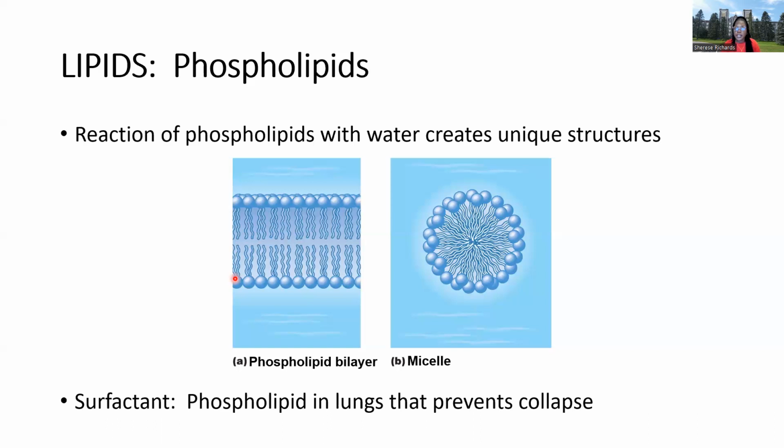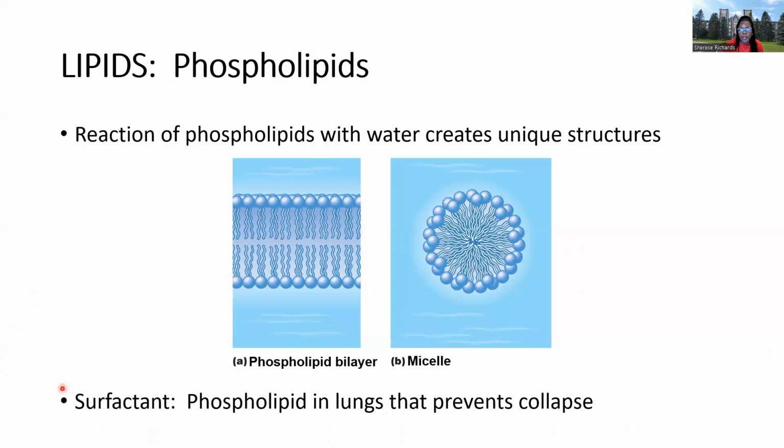So this is another reason we're having that polar head, but a non-polar tail allows for the creation of a membrane that can separate two different watery compartments, right? So we can have the internal watery component, which is the cytosol of the cell, and then we can have the external watery component, which is the extracellular fluid compartment.